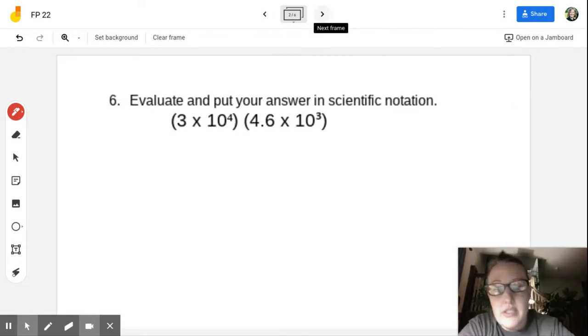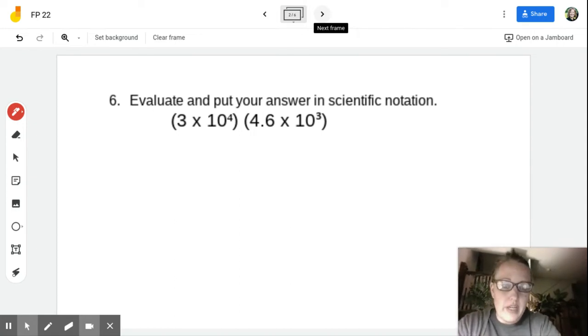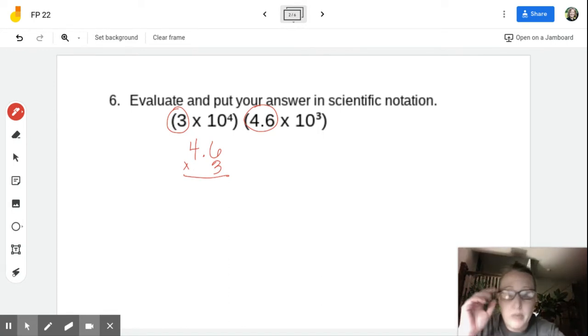Okay, let's go ahead here. Evaluate and put your answer in scientific notation. It's a multiplication problem, so we're going to multiply these numbers first. I'm going to make use of the property that tells me I can multiply these in any order, the commutative property.